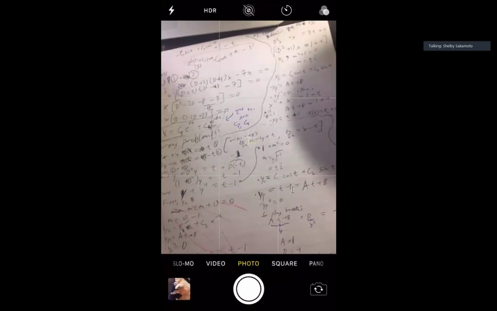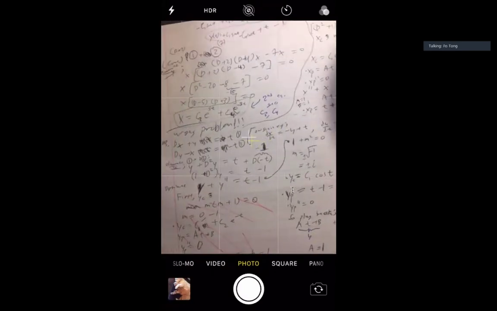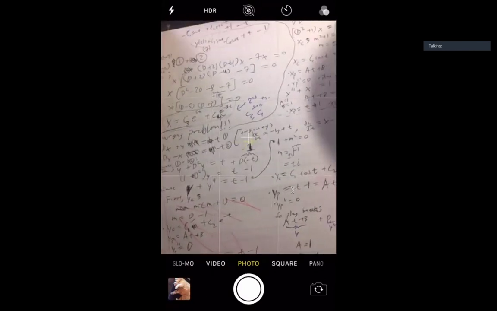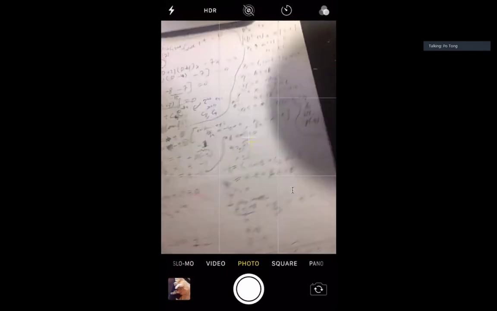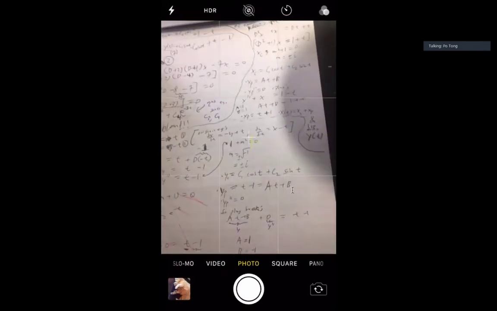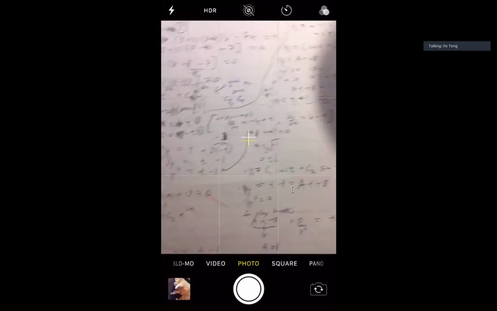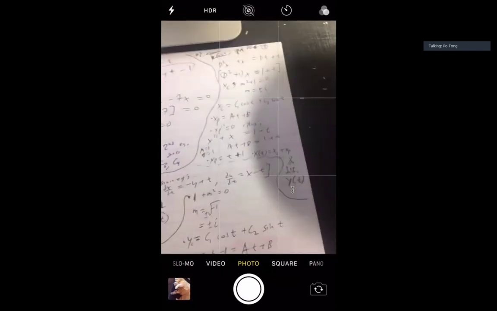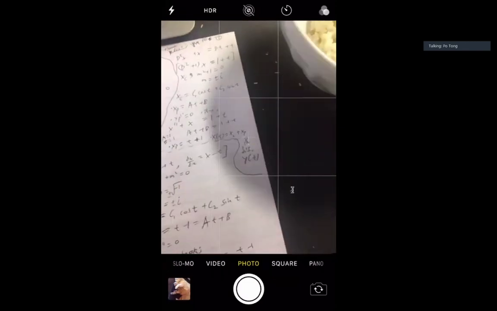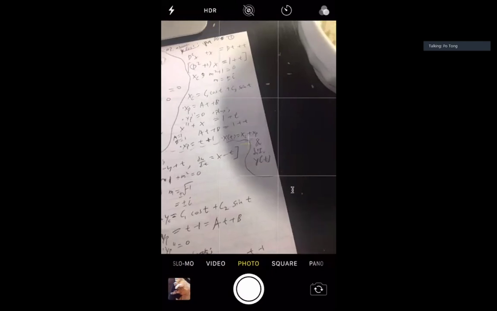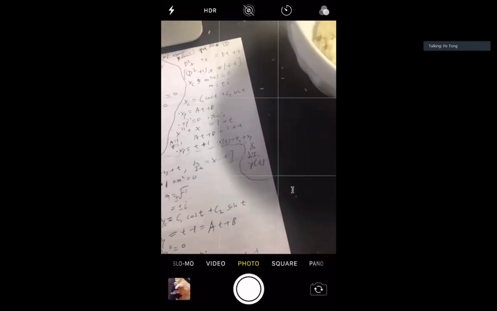If your C1 and C2 are in the function x, then you relate. It depends on whether you want to write it. So you have C1 and C2, which is for x, and C3 and C4, which is for y. It depends on how you relate it. You relate C1, C2 in terms of C3, C4, or the other way around.